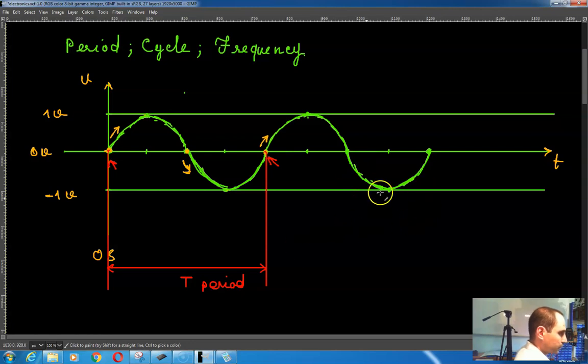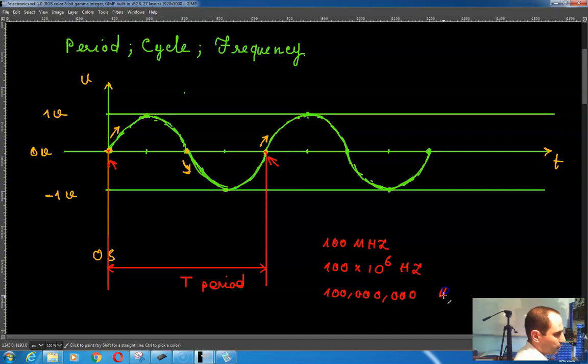So when you say that, for example, the frequency of an AC wave is, I don't know, 100 megahertz, 100 megahertz is the same thing as 100 times 10 raised to the power 6 hertz, which is the same thing as 100 million hertz.